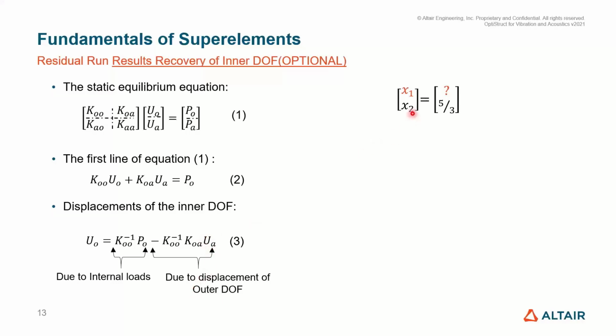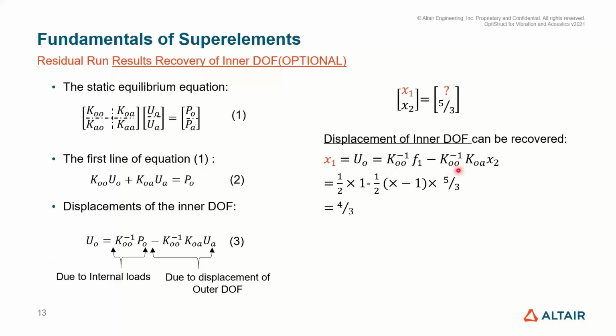In this case, it's x2. With this expression, we plug in the values, then the displacement of x1 can be recovered. If we compare with the results using non-superelement, you can see they are the same. All right, this is all of the mathematical part I want to share with you. Hopefully, it covers the basic theory background.